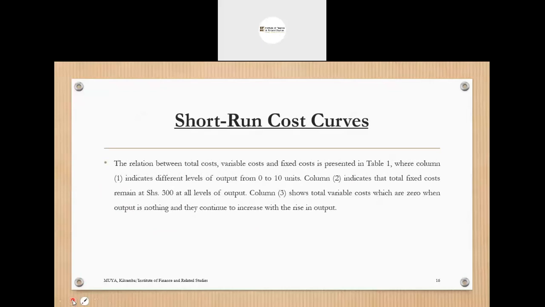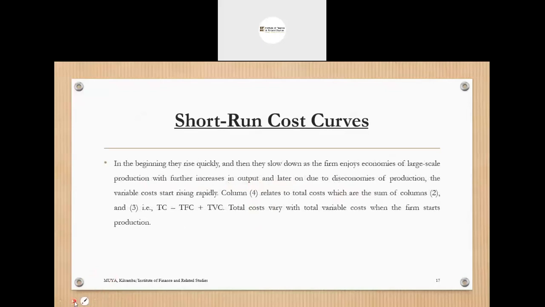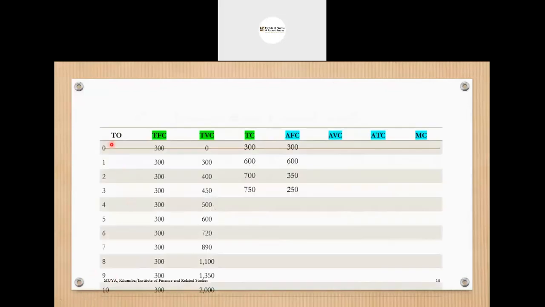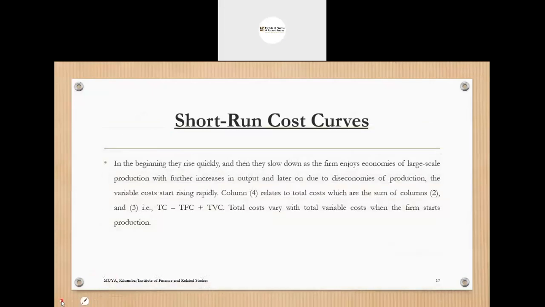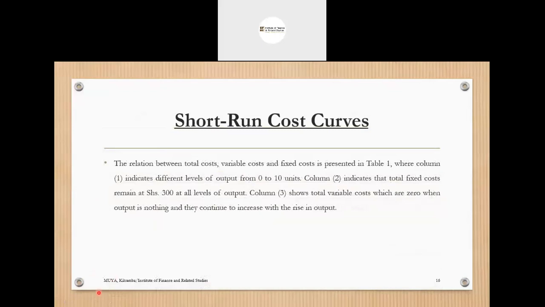This relationship between total cost, variable cost, and fixed cost is presented in a table that I'm going to show you shortly, where in one column we have different levels of output from 0 to 10 units. Let me show you the table. We have the total output from 0 to 10. Actually, let me explain everything, then we go.